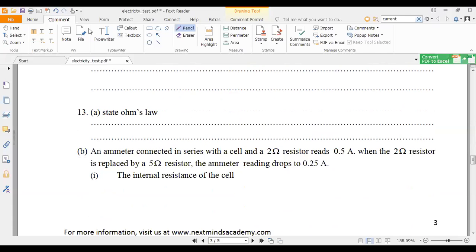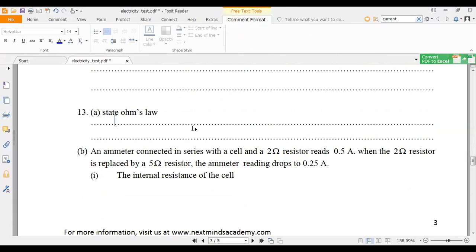Okay, next question is stating Ohm's law. Ohm's law basically relates current and potential difference.